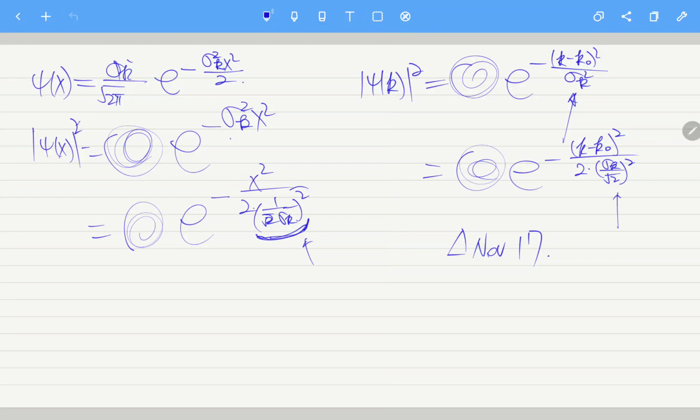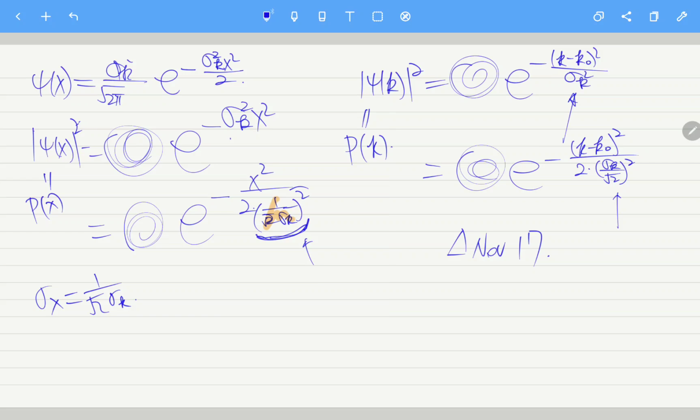Okay, so last time we stopped here, and we know that this is the absolute value of psi of x squared, which means this is the probability density function of x, and this is the probability density function in the k domain. So we know sigma x is this term, which is 1 over the square root of 2 times sigma k.